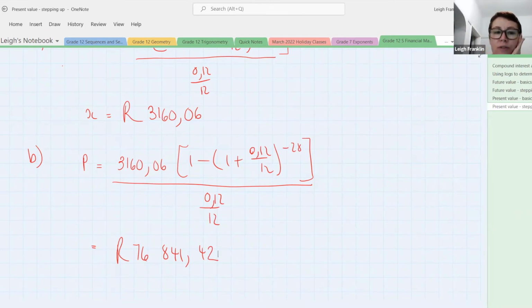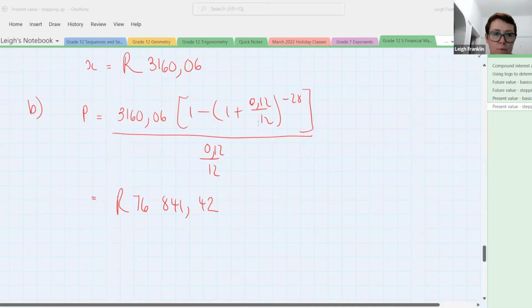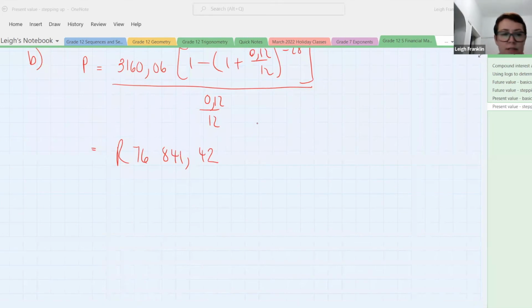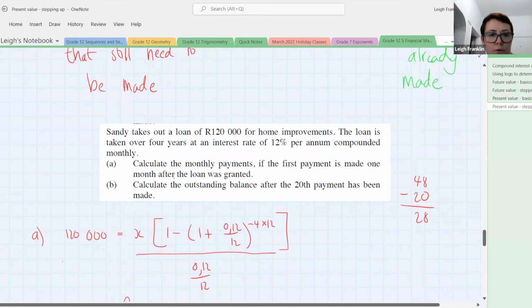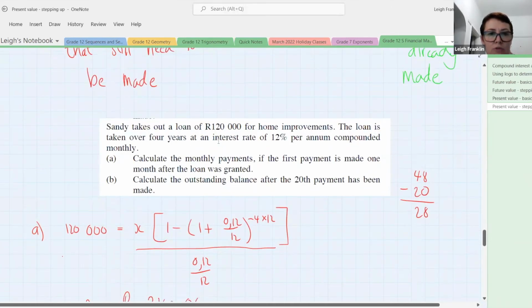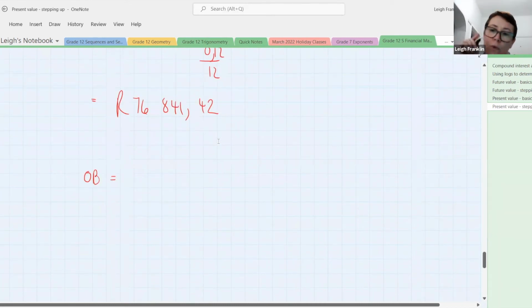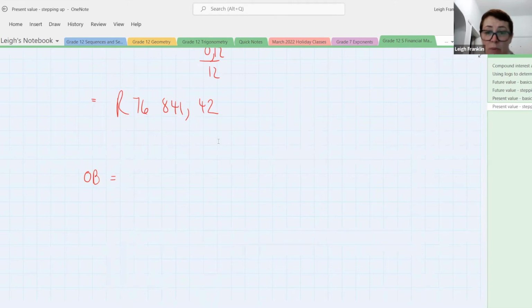Now let's do the same calculation, but let's use the other formula. So now we're going to say outstanding balance is the value of the loan. Now the value of the loan is 120,000. Often what happens here is that people write X instead of A, so just be careful of that.